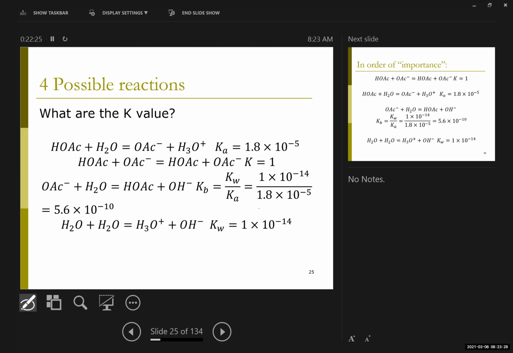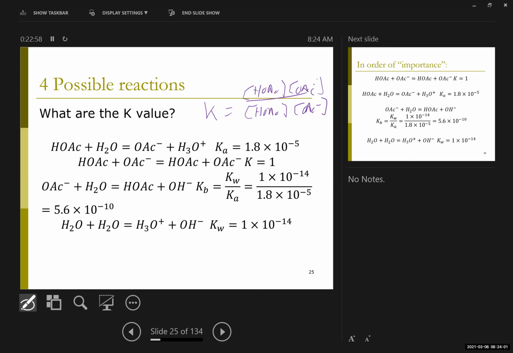And the second one's interesting for a couple of reasons. It actually has the biggest K. If you were to actually write the equilibrium constant expression, it's acetic acid times acetate over acetic acid times acetate. There's only one beaker, there's only one concentration of acetic acid, and there's only one concentration of acetate.